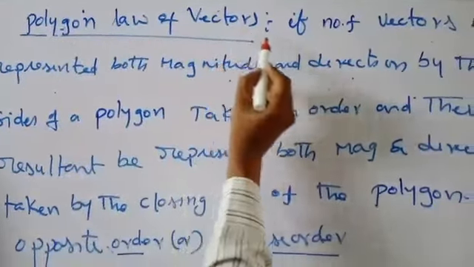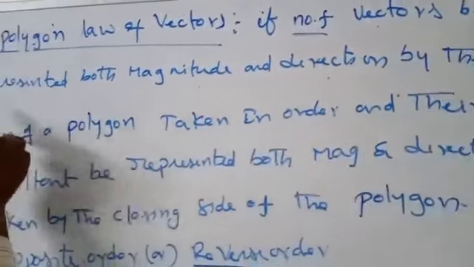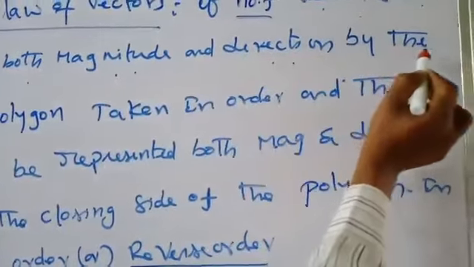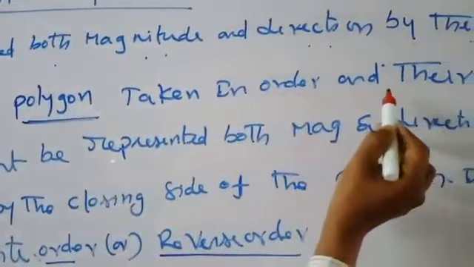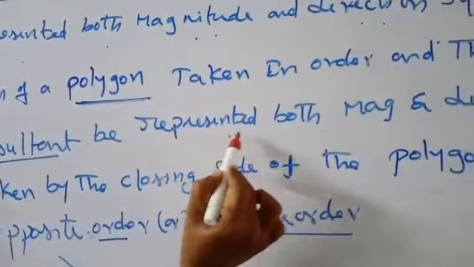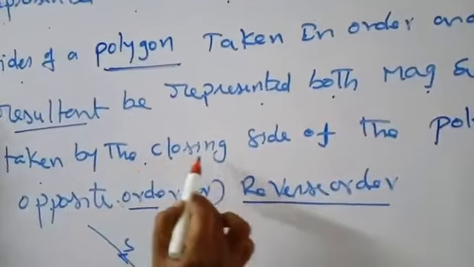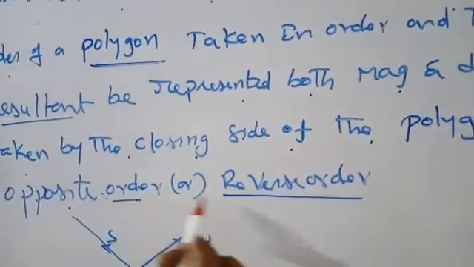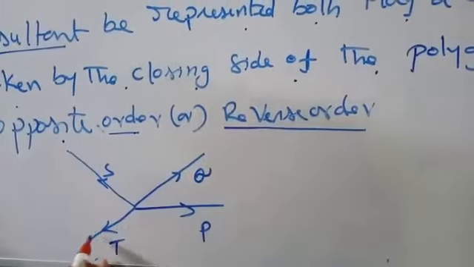Polygon law of vectors. If a number of vectors are represented both in magnitude and direction by the sides of a polygon taken in order, then the resultant is represented both in magnitude and direction by the closing side of the polygon in opposite order or reverse order. This is the P bar, this is the Q bar, this is the S bar, and this is the T bar.